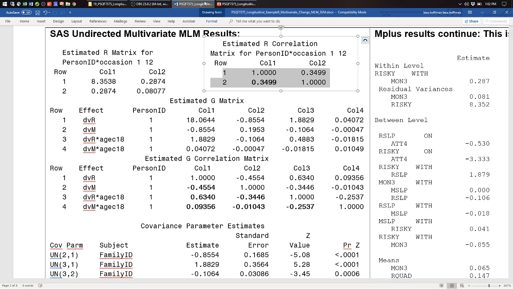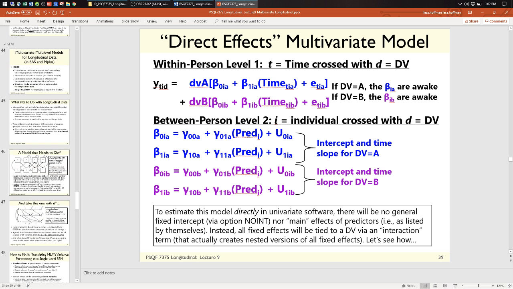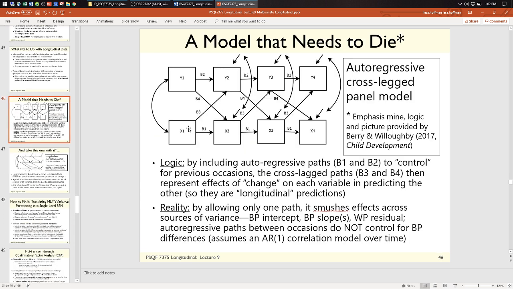As an aside, I don't have to go into this, but there are papers I can send you. Here's a model that in a path model context that people would use to do that kind of thing. You seen this before? Auto-regressive cross-lag thingy, where we have x at time 1 predicts y at time 2, y at time 1 predicts x at time 2 to try and figure out which came first. And note the title of the slide, a model that needs to die.